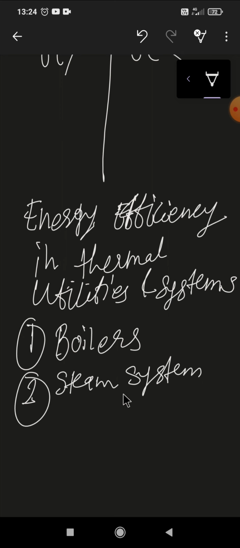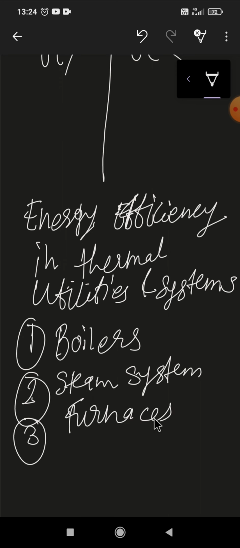Then the third is furnaces, the places where the main goal is to melt metal, or to create a very high temperature zone where the metal is being melted.